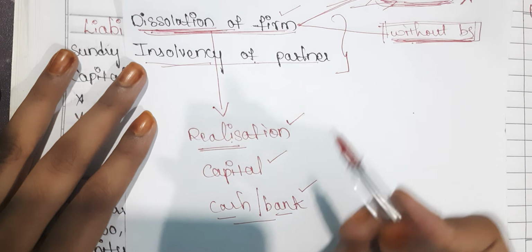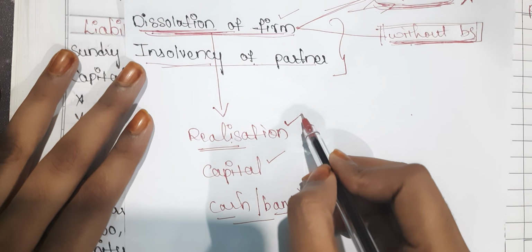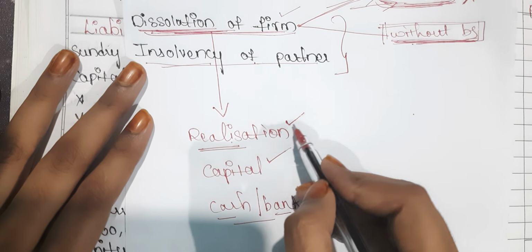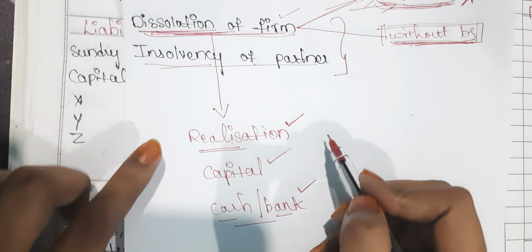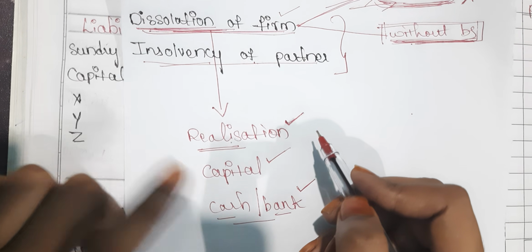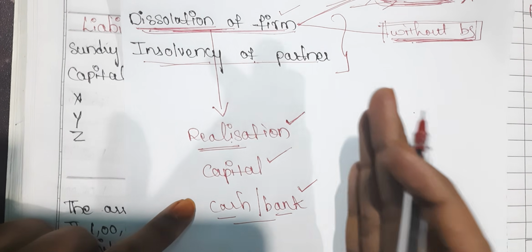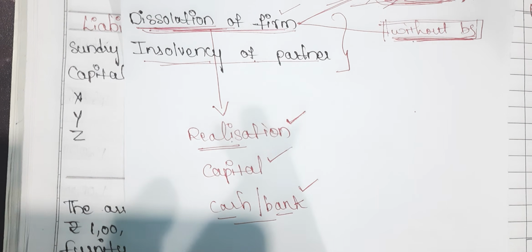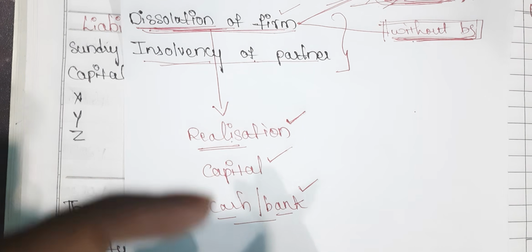So let us discuss what will be there in the realization account. Already you know capital and cash or bank account, right? Now let us mainly focus on the realization account, because this is new for you. Capital and cash or bank we already did in admission and retirement. If you didn't watch our video on admission and retirement, then definitely go to our channel playlist, Advanced Accounting Semester 3.